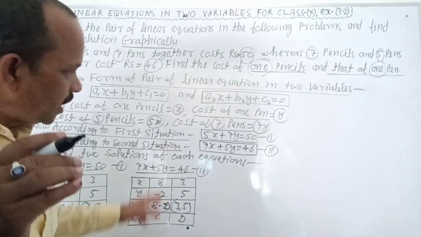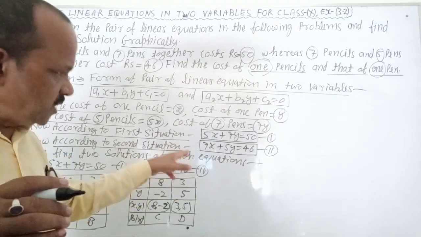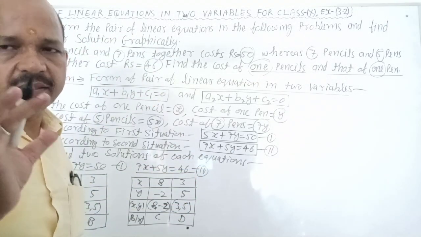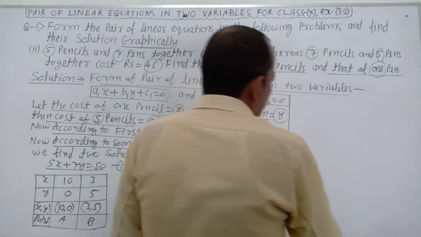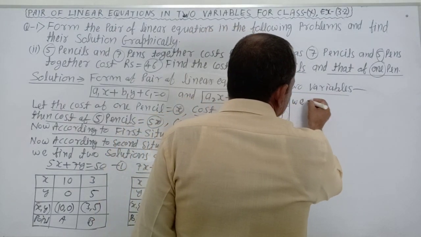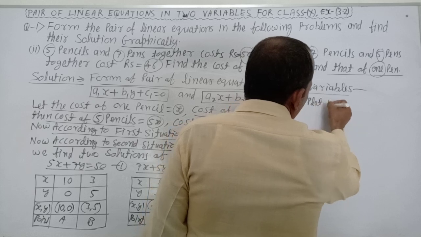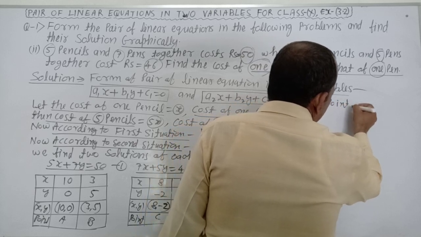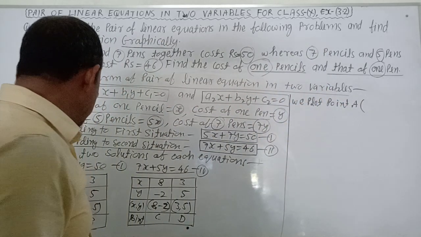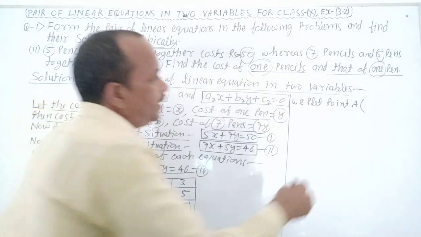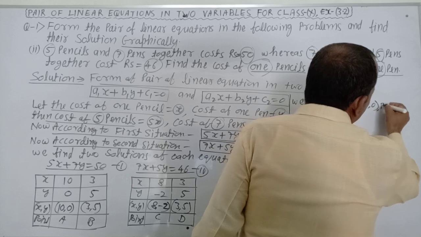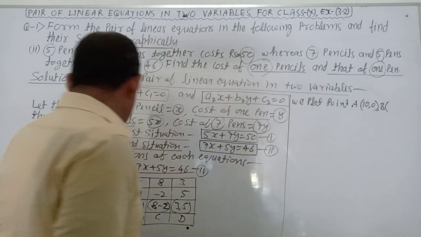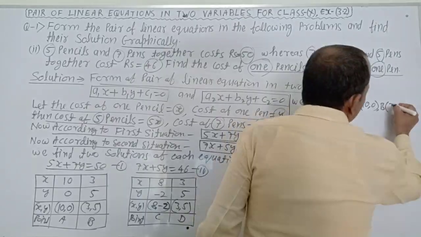Very good. Now you plot these points on the Cartesian plane. Clear? Here we plot point A. Point A means coordinate 10 and 0. B means 3 and 5.